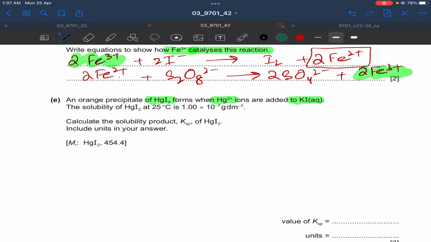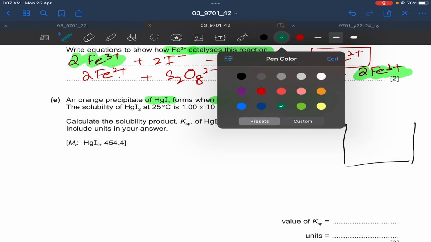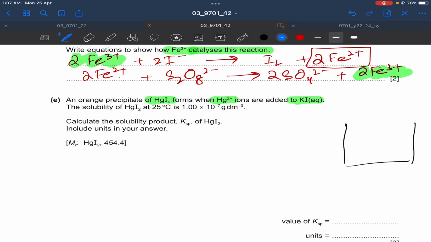So let's say this is some aqueous solution of potassium iodide in which K plus and iodide ions are present, and we have added mercuric ions Hg2 plus. So this Hg2 plus will react with some of the iodide ions, right? And that's why this orange precipitate of HgI2 forms when mercuric ions are added to aqueous potassium iodide.